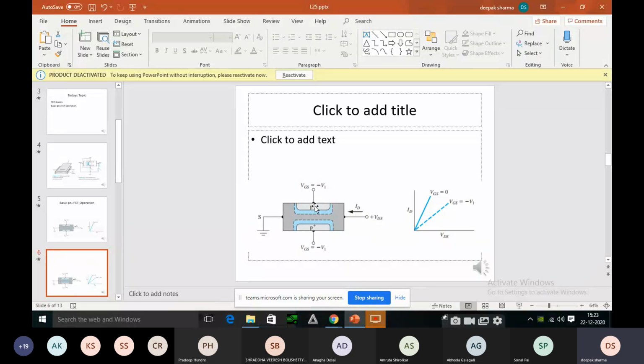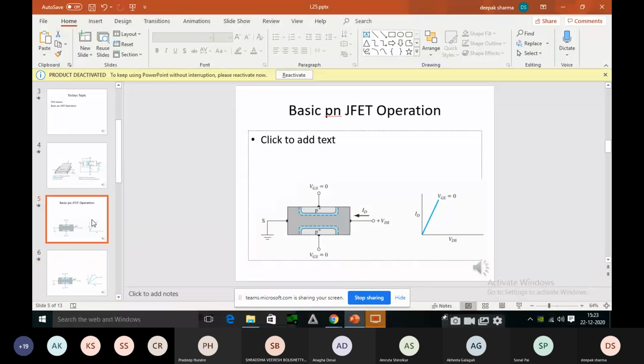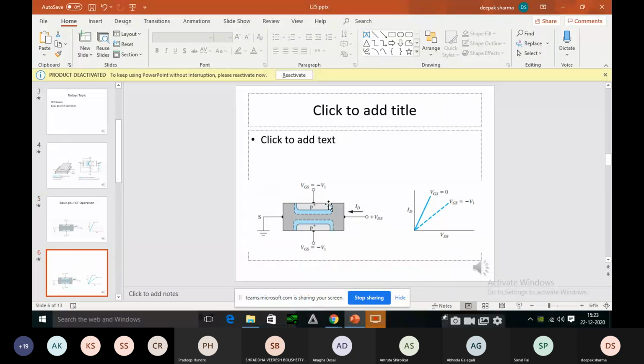When it is reverse biased, the depletion width, the blue color that you are seeing, will be more compared to case 1. I will show you case 1. See here, the depletion width is less. Why is it less? Because there is no reverse biasing. Zero potential is applied at the P-type, right? But what happens in the second case? Negative potential is applied at the gate.